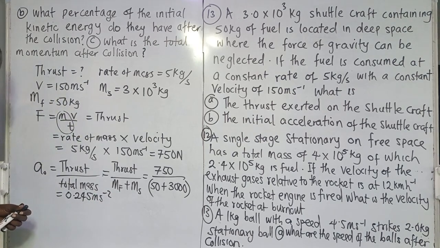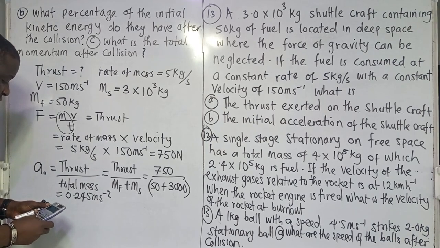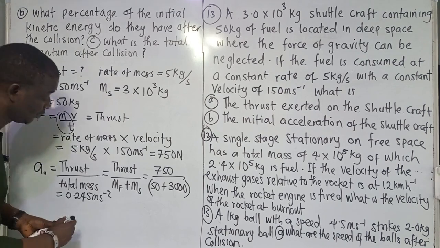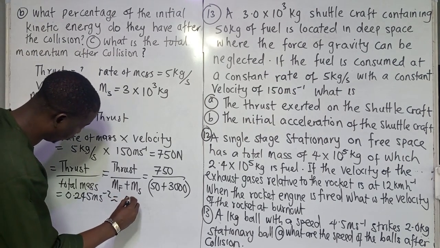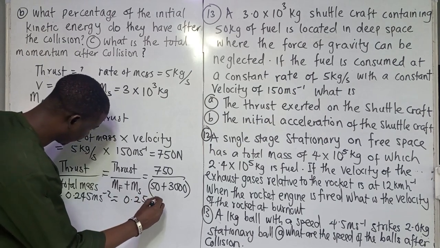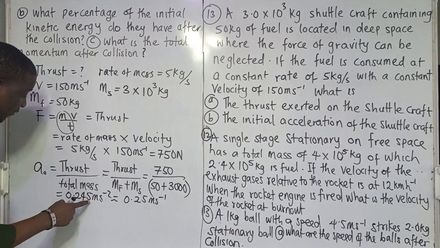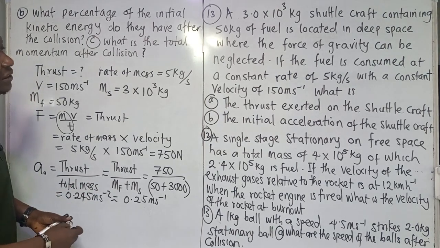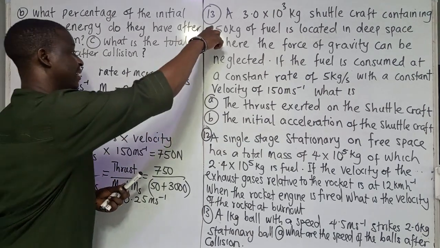That's what I want to have. You can confirm it. 0.2459. So approximately we can even say 0.25. This is almost 4, it's up to 5, then you add it, turn it to 0. Now that one is set already. So we have set number 13.